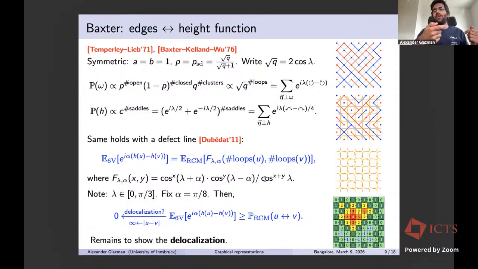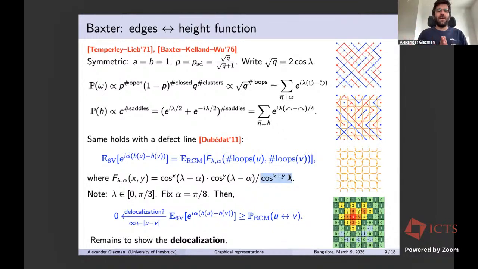So in this coupling, the loop which goes around only u will receive the weight, instead of 2 times cosine of lambda, 2 times cosine of lambda plus alpha, and around v it will be lambda minus alpha. That's the connection.